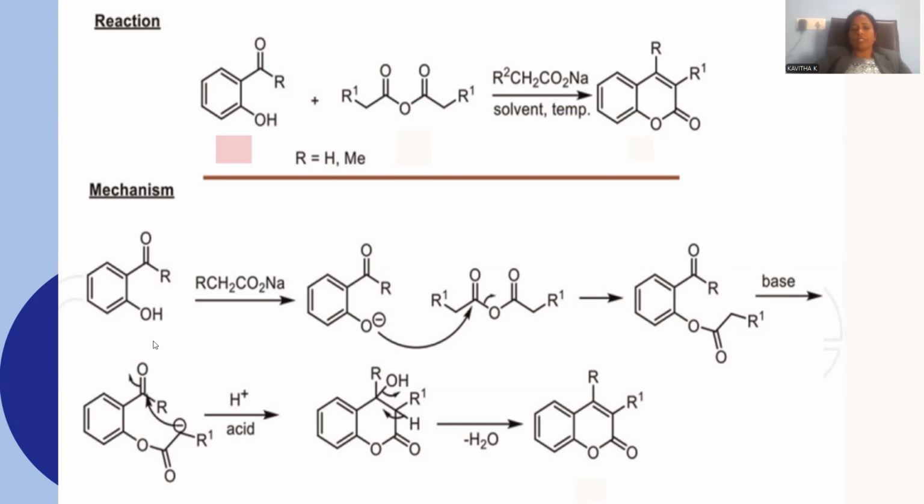In order to operate this reaction, the sodium carboxylate is reacted with the salicylaldehyde molecule, which is deprotonated. In deprotonation, the carboxylate accepts this H positive, and there is alkoxide formation. So here, formation of phenoxide in specific.